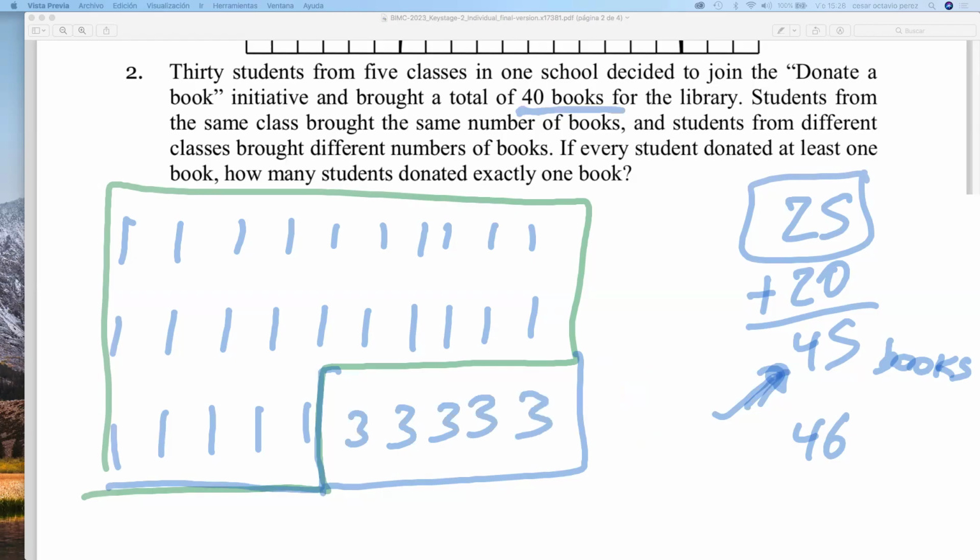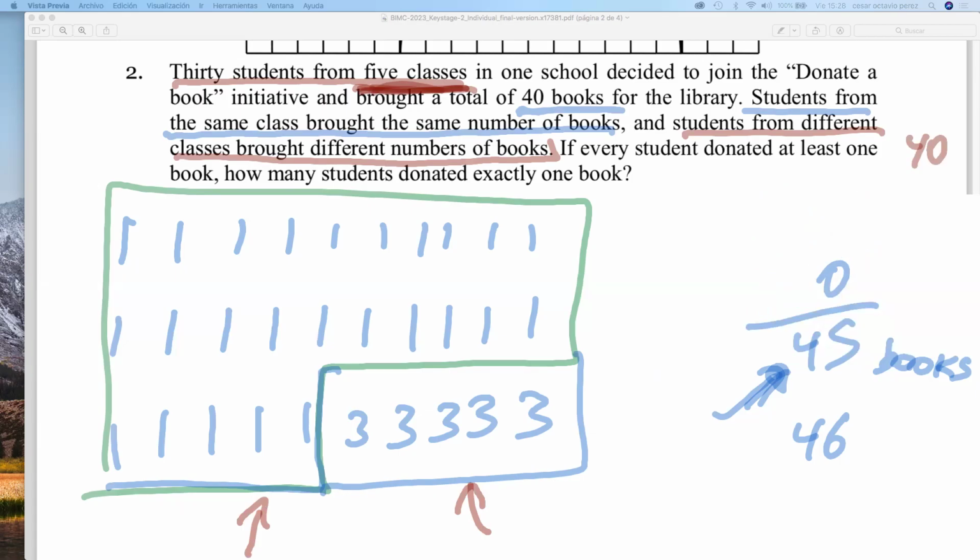But let's see. Students from the same class broke the same number of books. Students from different classes broke different numbers of books. And here it says that there's a student from 5 classes. If we use this solution, yes, this solution gives 40 books and 30 students.